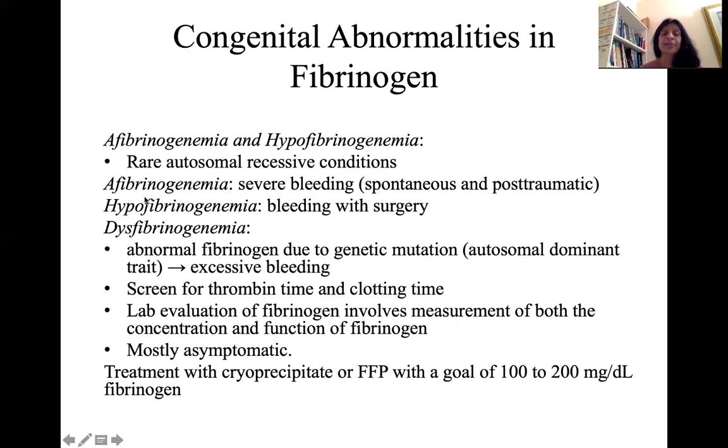Okay, so now we will look at afibrinogenemia alone. That would lead to obviously severe bleeding, both spontaneously and during surgery. Hypofibrinogenemia is where it's more on the milder side, bleeding only during surgery. Dysfibrinogenemia is where abnormal fibrinogen is due to genetic mutation, an autosomal dominant trait here. All right, excessive bleeding.